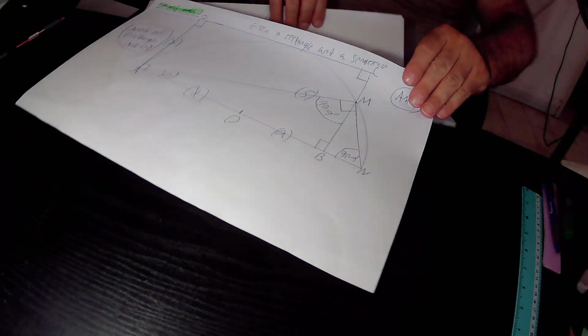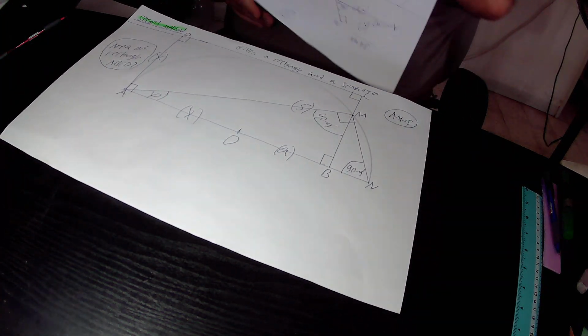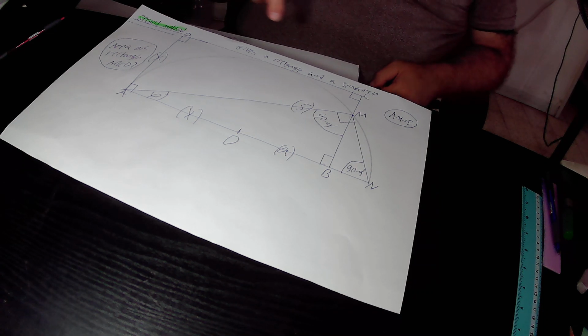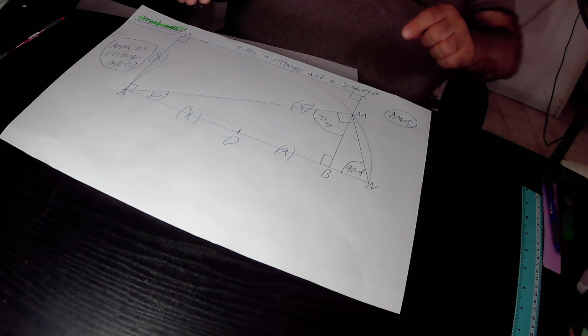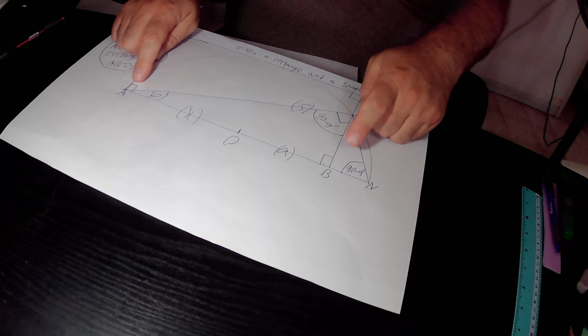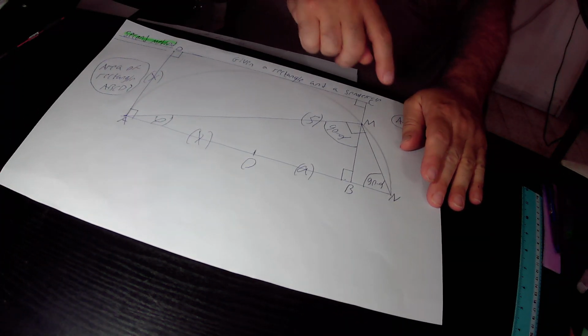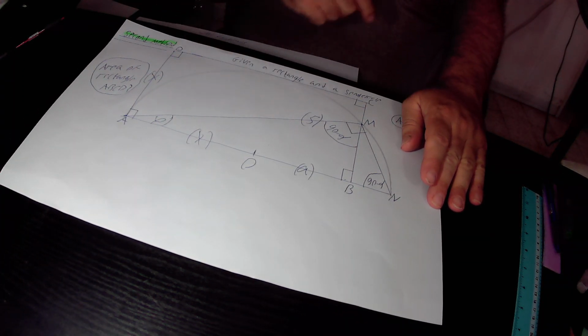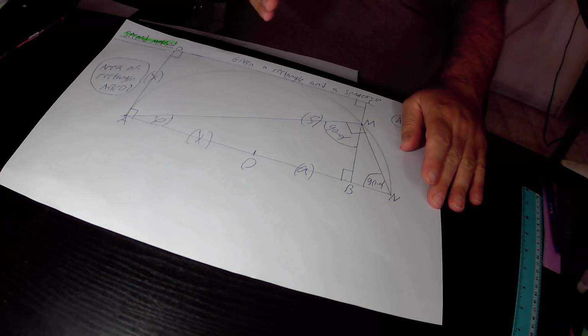First of all, we know that all the angles inside rectangle ABCD are right angles. So those four angles are all right angles. We define the center of this semicircle as O, and we define the radius of this semicircle as x, exactly as we did in the first method.